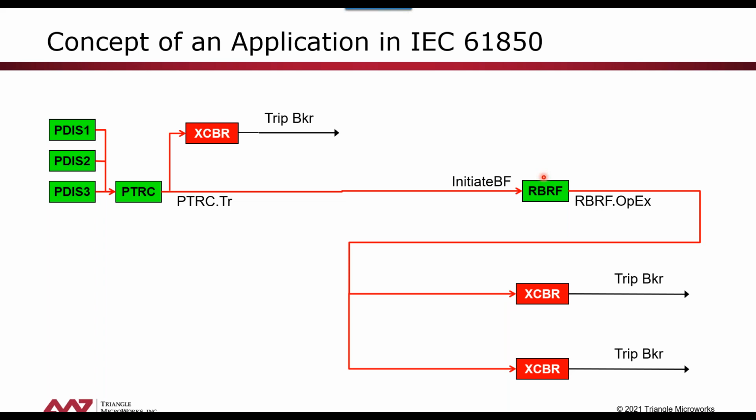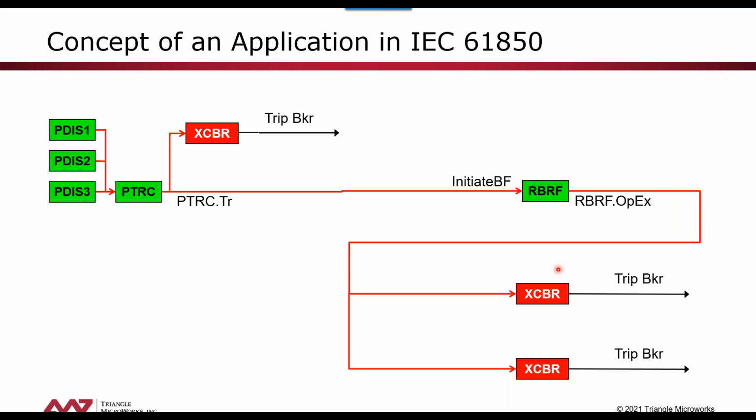If the breaker didn't open, it can either do a retrip, and if it's still not successful, it has to clear the surrounding breakers, which is done with the standardized data object operate external that is sent to all the other XCBRs of the concerned breakers that may need to open. So that's basically the application, how the different signals between the different logical nodes work together to implement such an application.